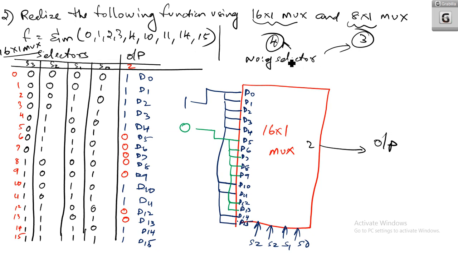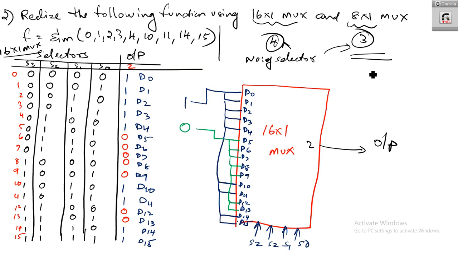What is that constraint? We can use only 3 selectors. That is the constraint we have, realizing the same function using 8 by 1 mux.